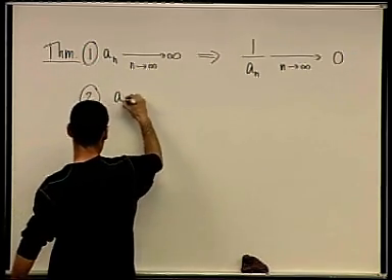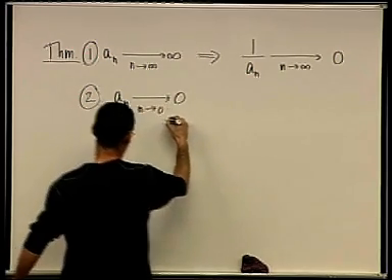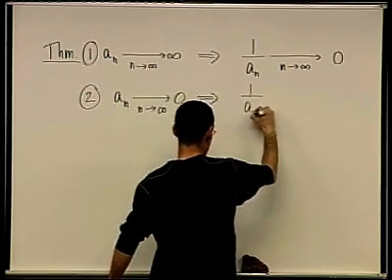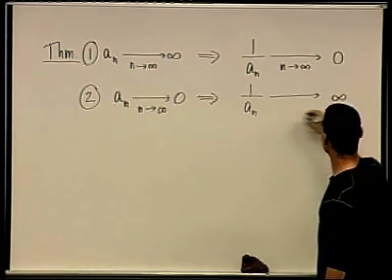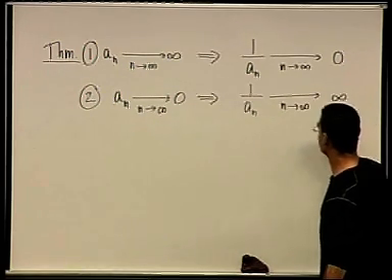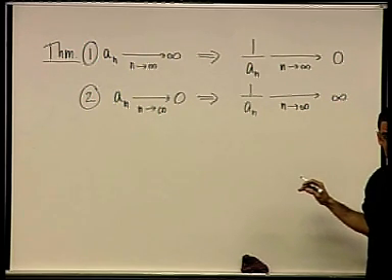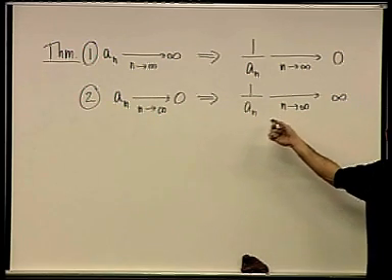If a_n goes to 0, then 1 over a_n goes to what? Infinity. Do you agree? Everybody? Very good. This is false. This is not true.